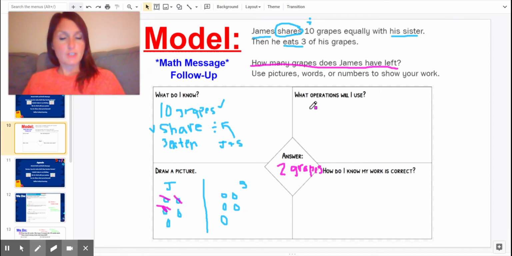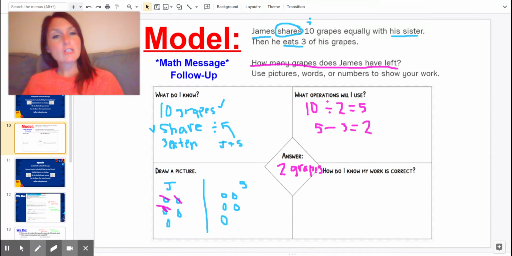So what did I do here? Well, I took the 10 and I divided that between the 2 people. And when I did that, I found out they each had 5. And then when I looked at James, I had to take those 5 that he had and he ate 3 of them, which meant I subtracted, which showed me that he ended up with 2 left.